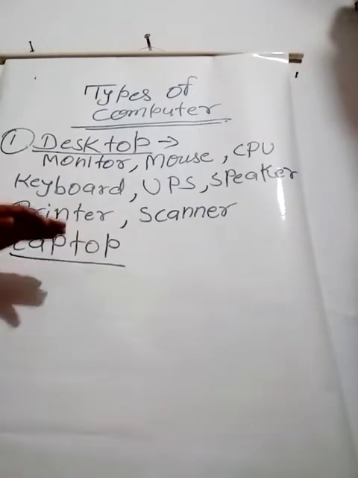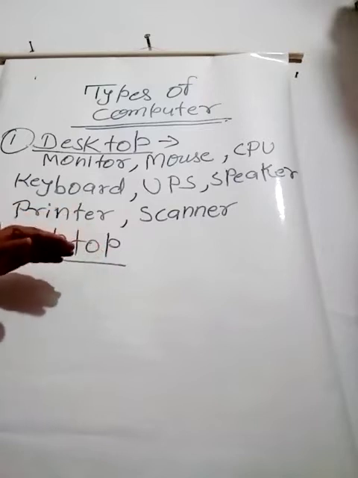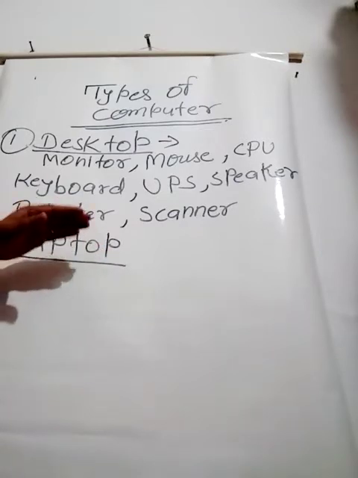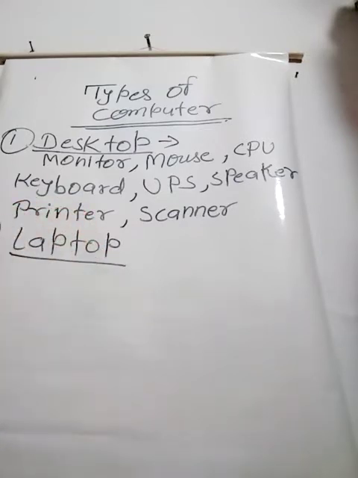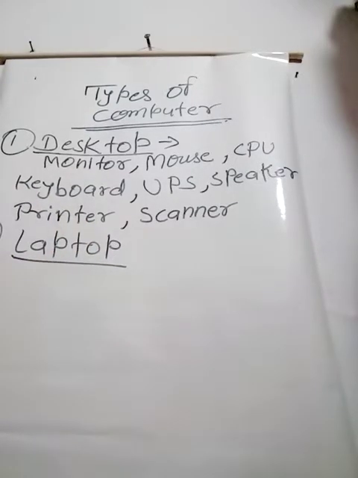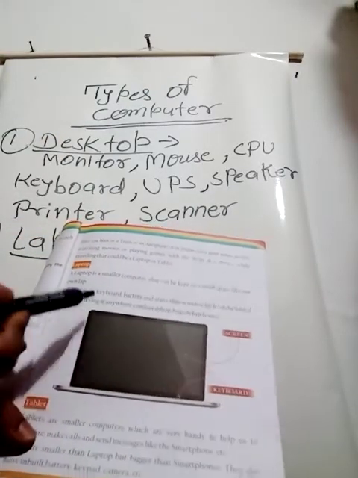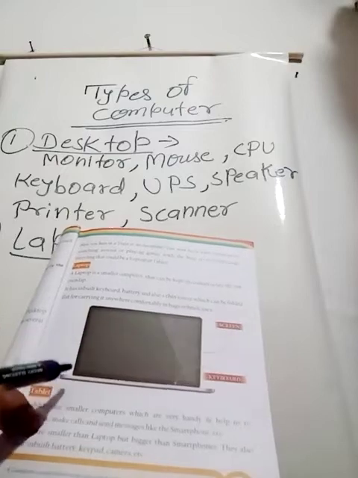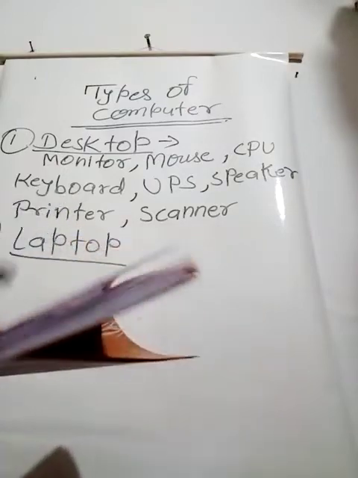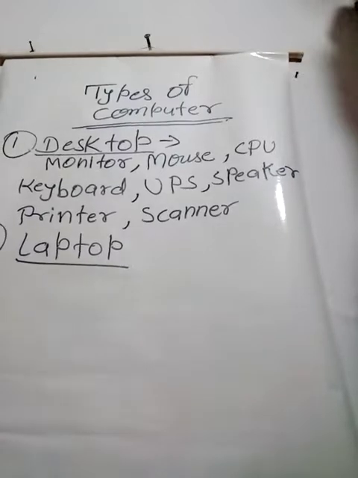The laptop has the keyboard, mouse, CPU, everything inbuilt inside it, so we can say it is a small form of a computer. In your book on page number 5, the laptop is given. Only the screen you can see, and all things are inside it: the keyboard, the UPS, the speaker, the mouse.